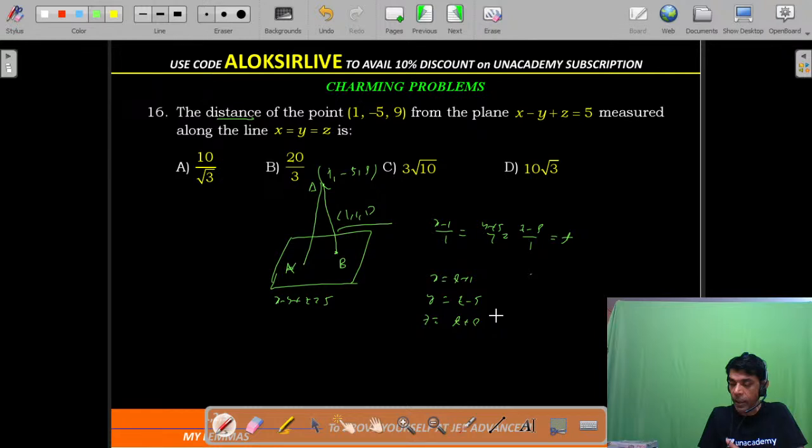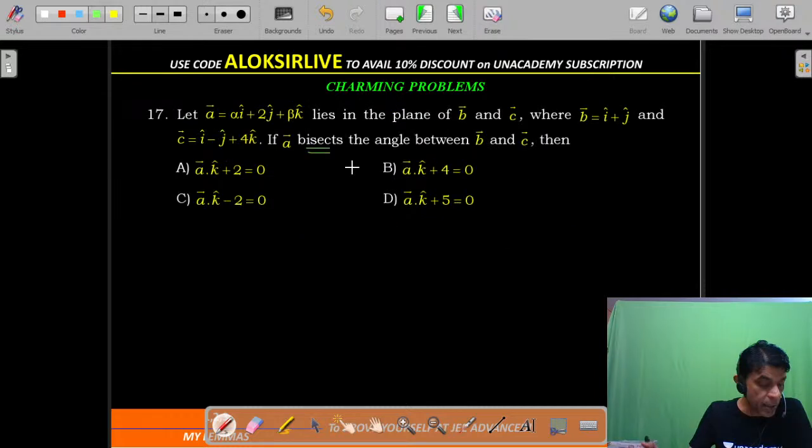17, again, good question. Bisects the angle between b and c. But then we do not know if it is the internal or external bisector, right? So what I will do is say that any bisector is b cap minus c cap or b cap plus c cap.